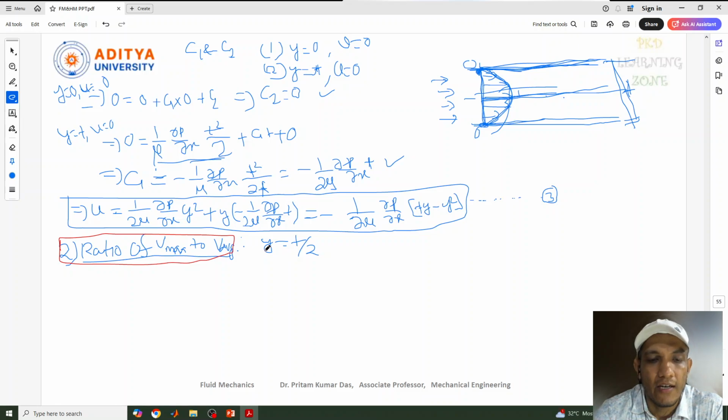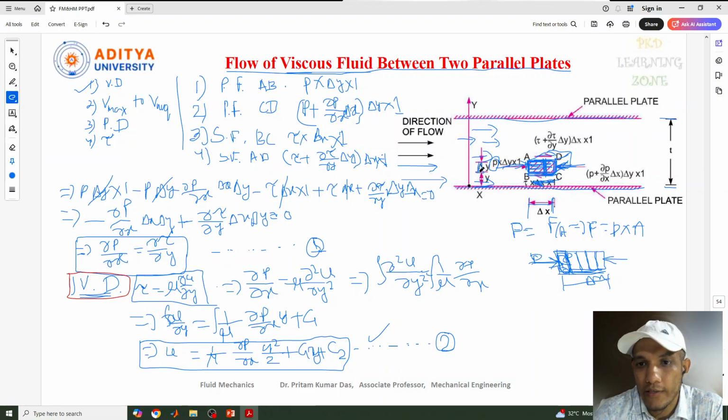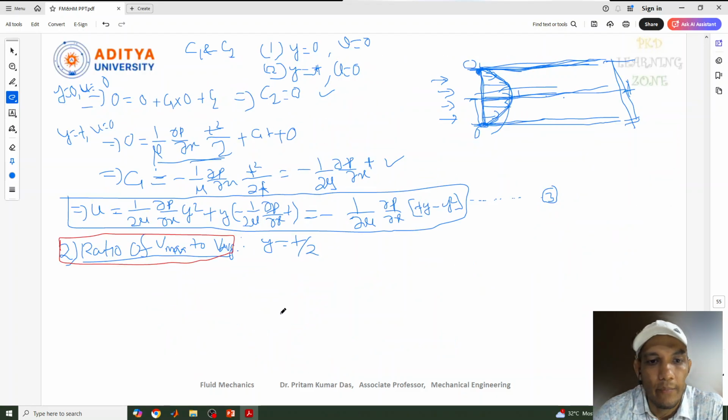Same thing I've written, when y equal to, or we can say this distance, the height, is t by 2. Okay, this is the y value. So when y equal to t by 2, meaning up to here, then we can get the maximum velocity.